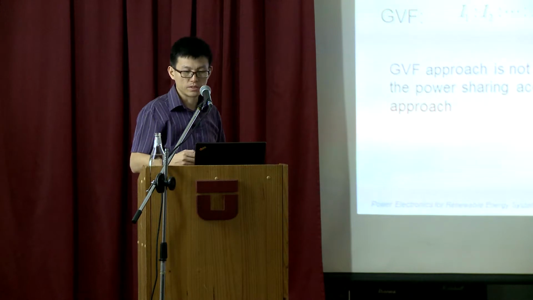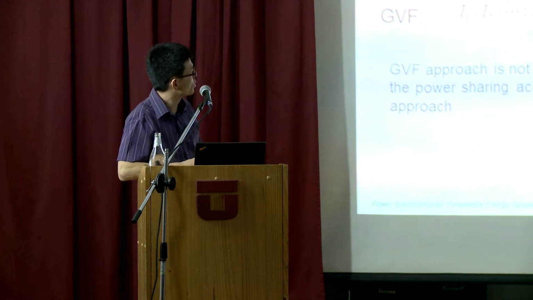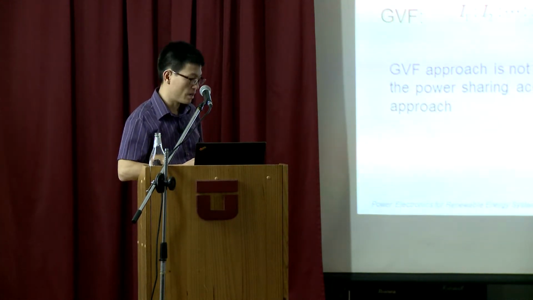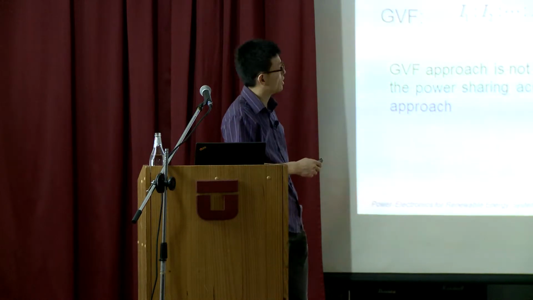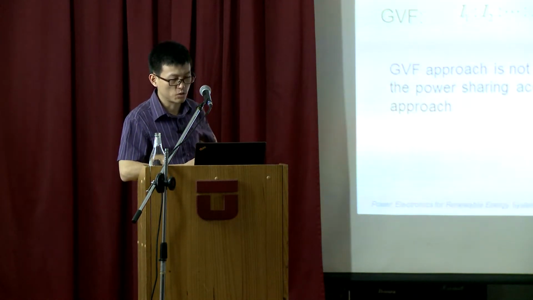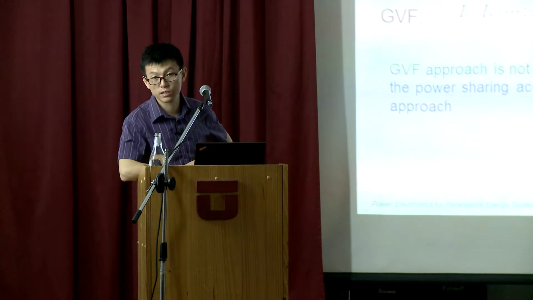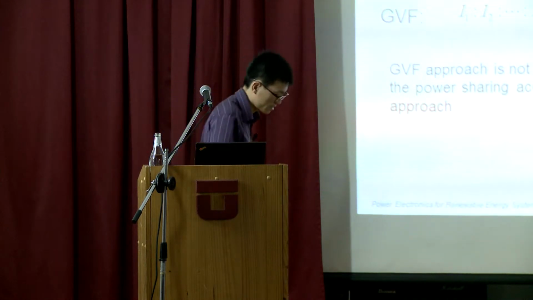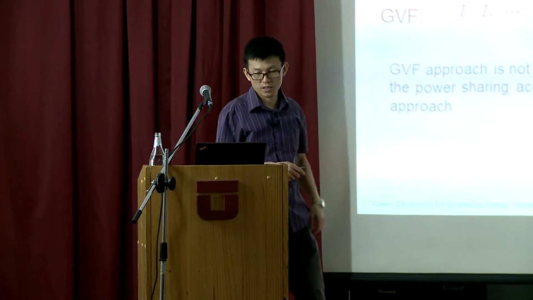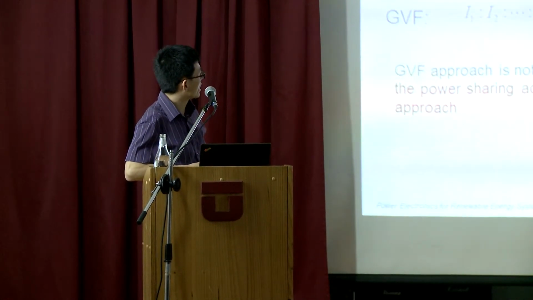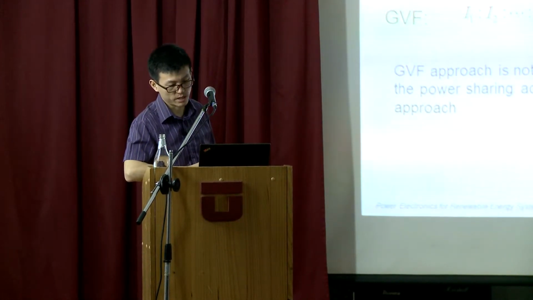When you design your droop, you sometimes don't know the length of the cable. But for the global voltage feedback current mode droop control, you get rid of this line impedance, because you have already considered it when you design the droop gain. So the current sharing is exactly what you designed.